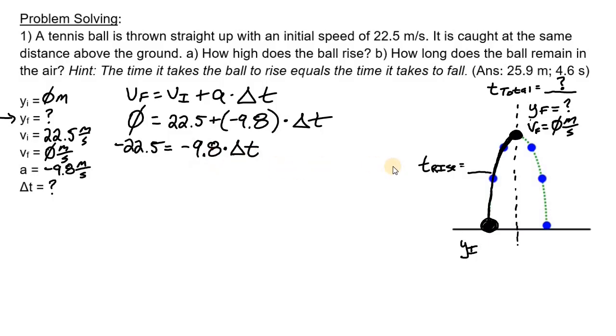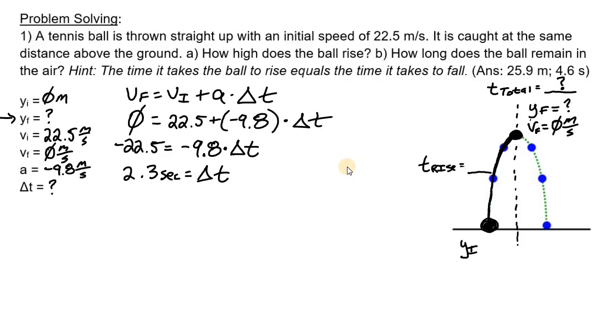Divide by negative 9.8 on both sides of the equation. I'm going to do this in the calculator right now and see what we get. Keep in mind that once again, we have negative 22.5 divided by a negative 9.8. So what are we expecting? A positive answer or a negative answer? Keep that in mind. And we get our answer of 2.3 seconds is equal to our delta T.